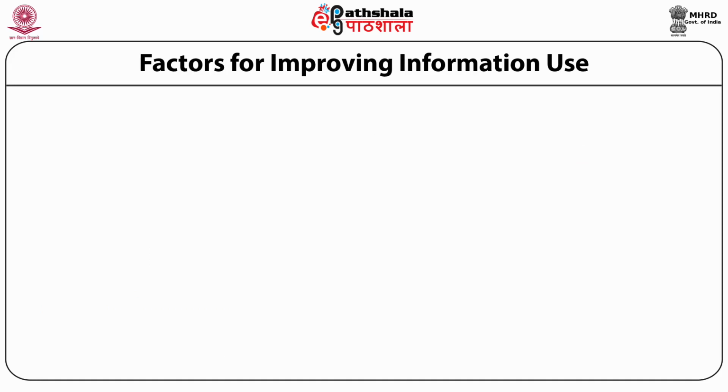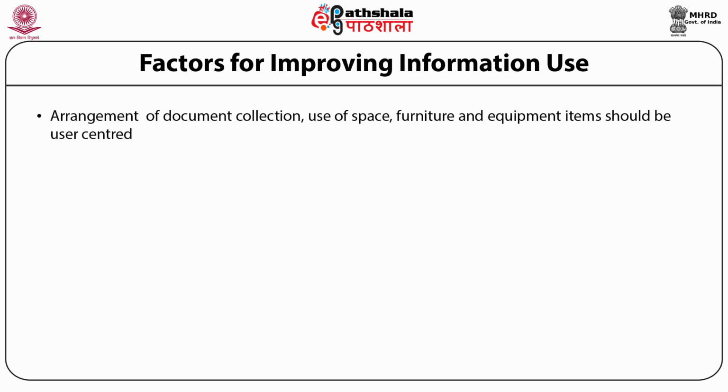However, there are some factors which help to improve information use. For instance, arrangement of document collection in the library, arranged in a helpful manner, systematically, would obviously facilitate the use of the documents.